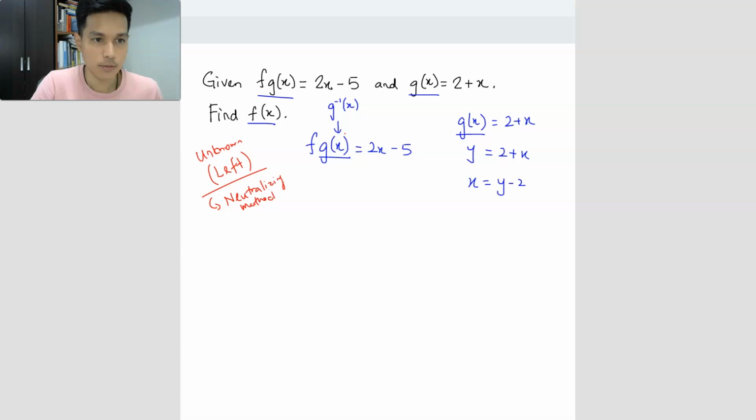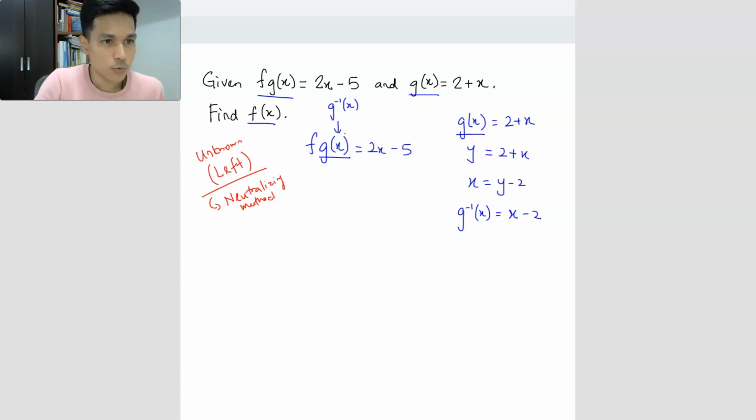So the x now becomes inverse. So now instead of y minus 2, I need to write x minus 2. Now, like I said, if you don't understand, please refer back, because I don't want to explain so much again. So this is g inverse x equals x minus 2. So now that you have the inverse function of g, you can substitute into here.